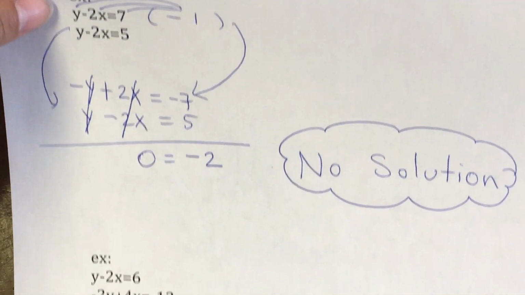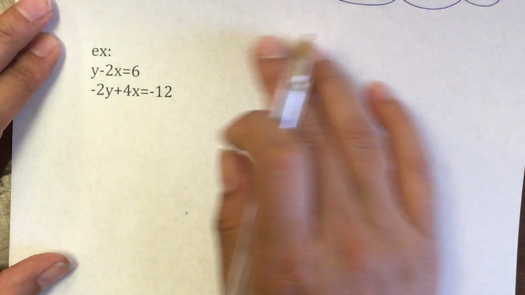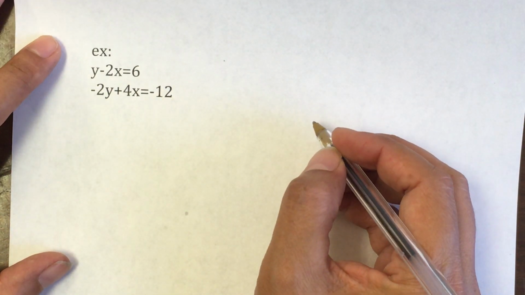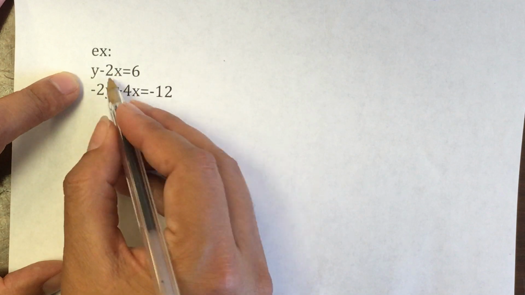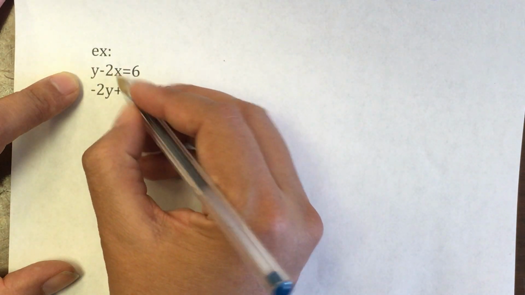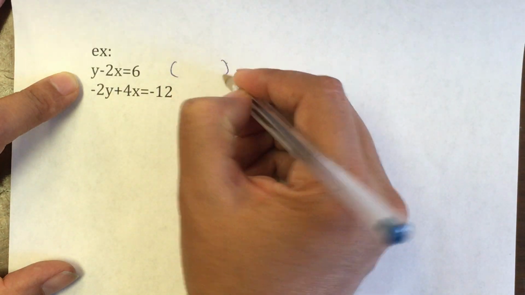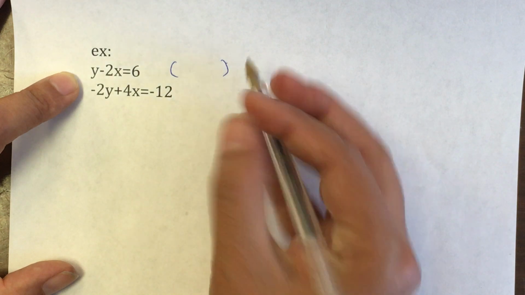Okay, now let's do another one. Okay, in here, again, I have my y, my x, but I can't eliminate one of the two variables, so I'm going to multiply, and it looks like I need a 2 in here to eliminate with a -2.